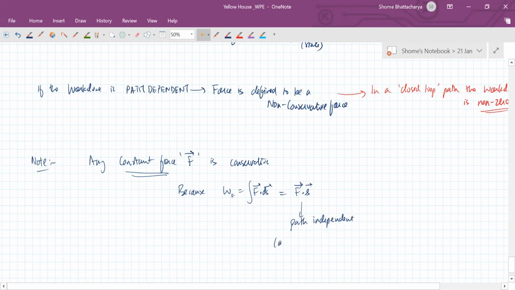And the work done will be zero in a round trip, because the displacement will be zero in a round trip. So by definition, any constant force is conservative.